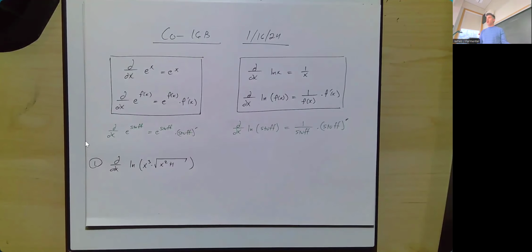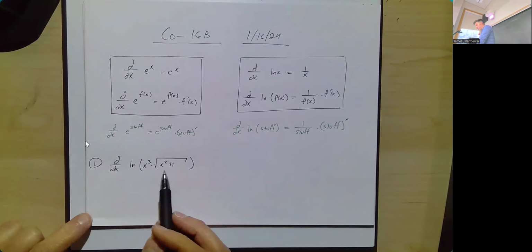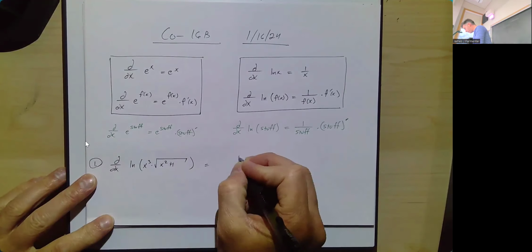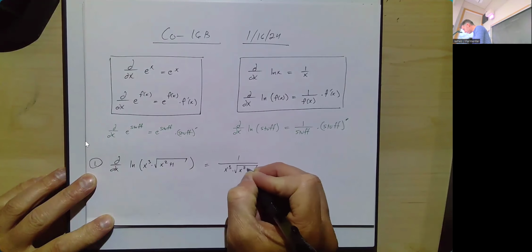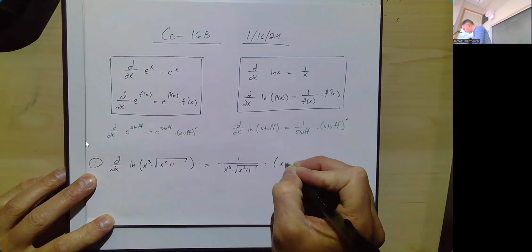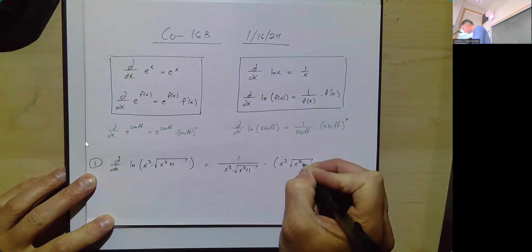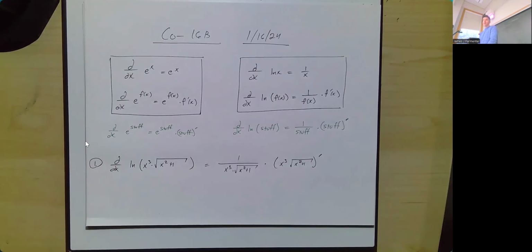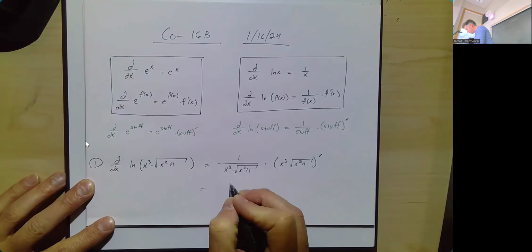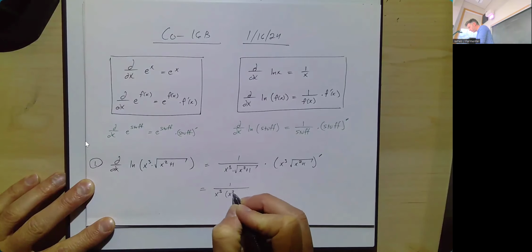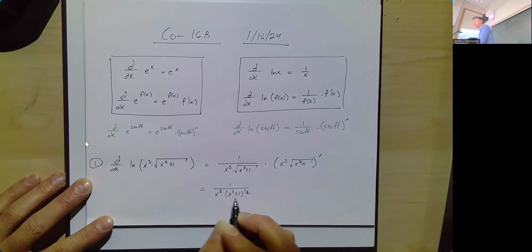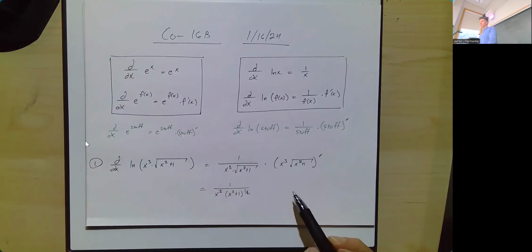We could make our lives challenging and say, okay, the derivative of the natural log of some stuff is 1 over the stuff times the derivative of that stuff. And then I would take another step to actually find the derivative of this. Now again, we shouldn't do it this way. You're going to see why in a second. This would be 1 over x cubed times x squared plus 1 to the 1/2, changing the root to a power so it's easier to take the derivative.